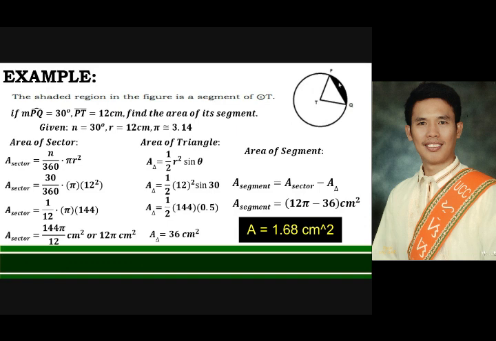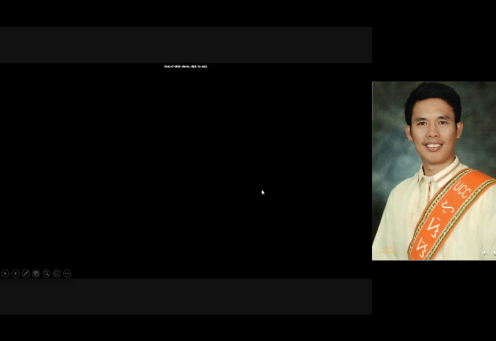That's the area of your segment. I did not include that in the presentation. If you want to see the number itself when you use 3.14, just multiply 12 by 3.14, then subtract 36. That will be the area of your segment. Okay? So, that's it.